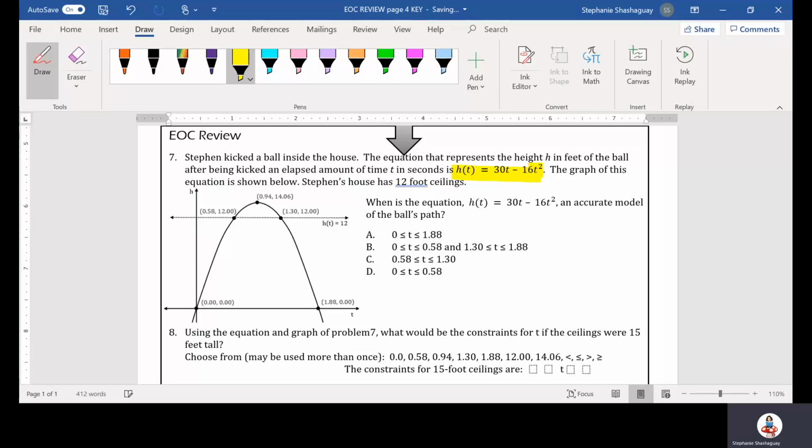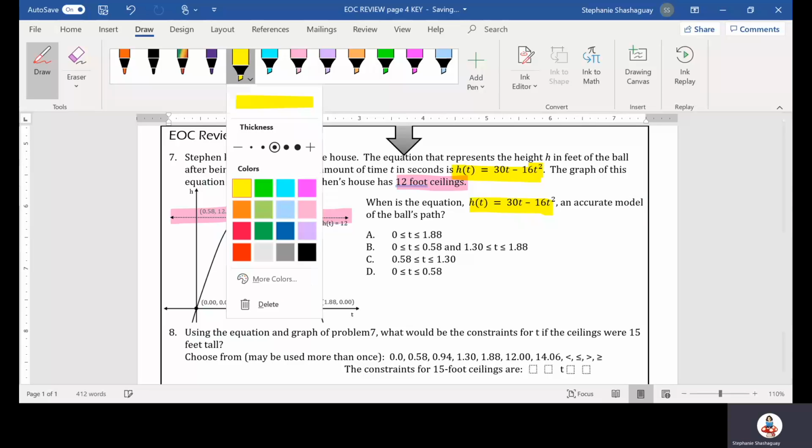Stephen's house has 12-foot ceilings. They've indicated the height of those ceilings with the function here in pink. When is the equation h of t equals 30t minus 16t squared an accurate model of the ball's path?